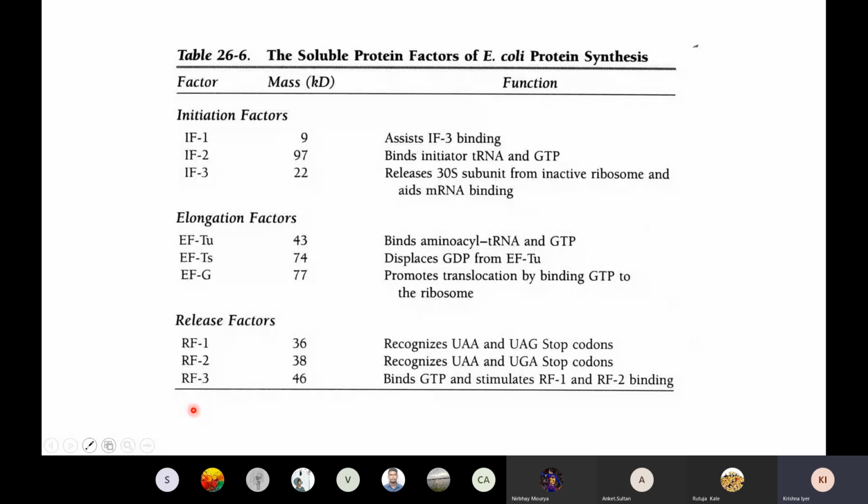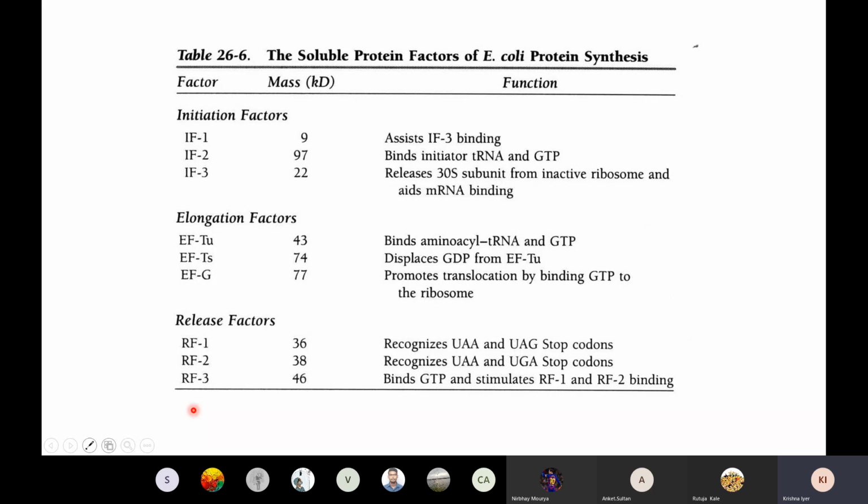In the end, both are trying to do the same thing: make the correct information-rich peptide which can do several functions in our body, like act as an enzyme, act as a receptor, act as a structural protein, and form the basis of how your cell is actually made up.